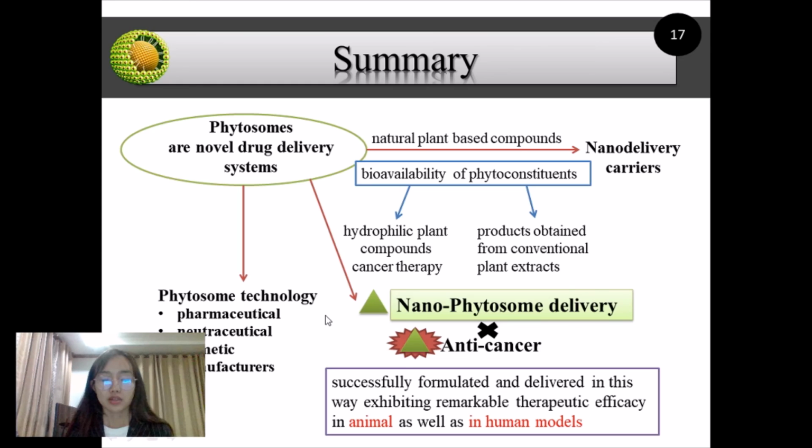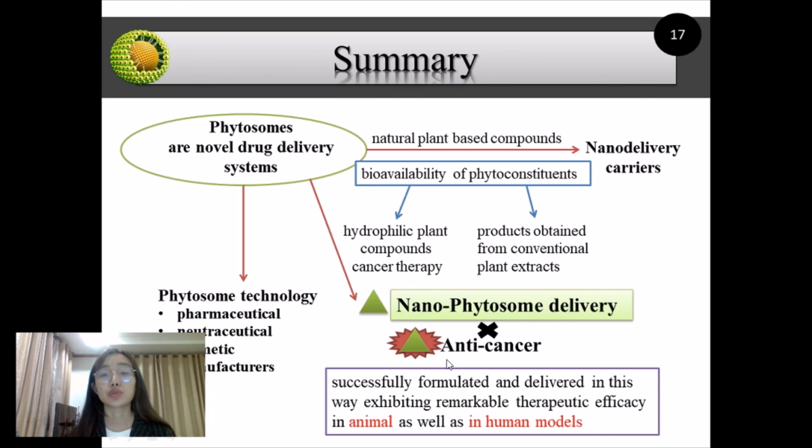So the main idea is to develop the delivery of nanophytosome. It's called nanophytosome delivery. That is possible and effective in treating and preventing cancer.